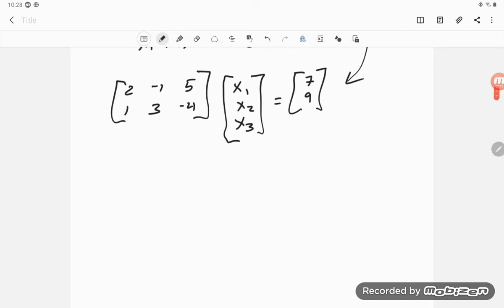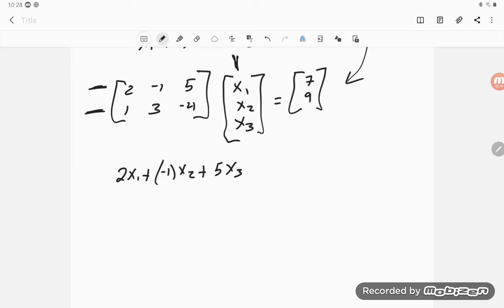When we do our matrix multiplication, remember, I want to look at rows here and columns there and do dot products. So I'm going to take this first row and I'll have 2 times x1, and I'll add to that -1 times x2, and then add to that 5 times x3. There I've done the first row, first column.